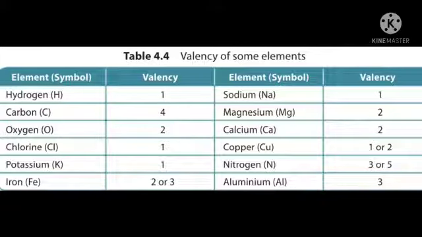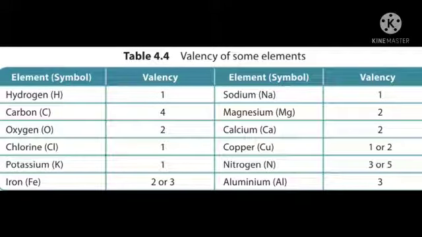Then the third step is to cross over those valencies and write them as subscripts. Next, if you are able to divide by a common number, simplify the formula. Keeping these steps in your mind, you can do it easily and get the formula as the answer. That is also easy.